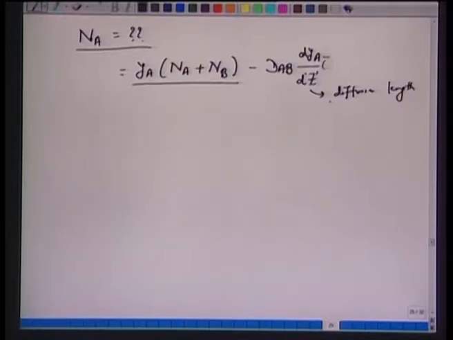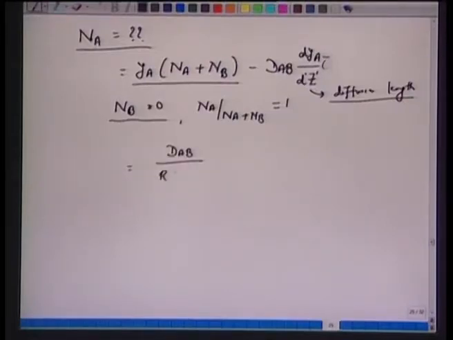So, let us be careful with this diffusion length. In our case, Nb is 0, no transport of the bulk across the interface. So, Nb is 0, and again this is a similar exercise which we did in our first couple of lectures. Na by Nb plus Na will be 1, and this Na can be shown to be equal to dAb Pt over RT Z, where this Z is a diffusion length, not the height of the column, times ln of (1 minus Y2) over (1 minus Y1).